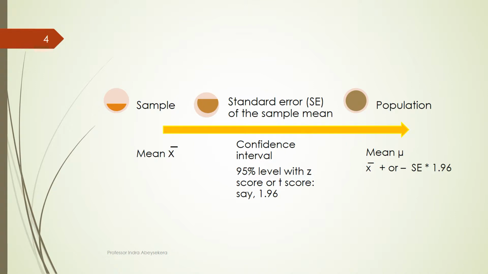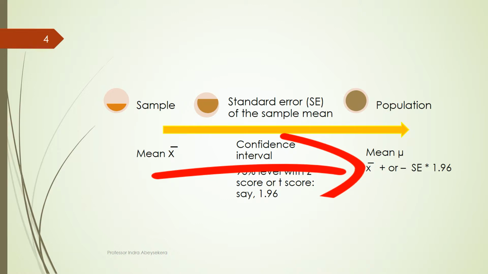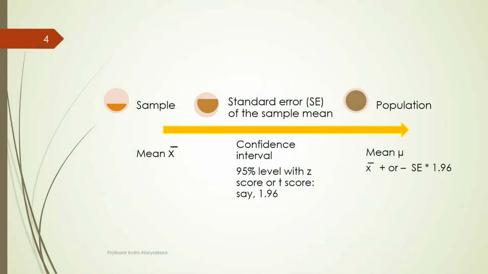So when we express the population mean through the sample mean, we use the sample mean and we say plus or minus because that variation of our sample mean for the population mean can be less or more.